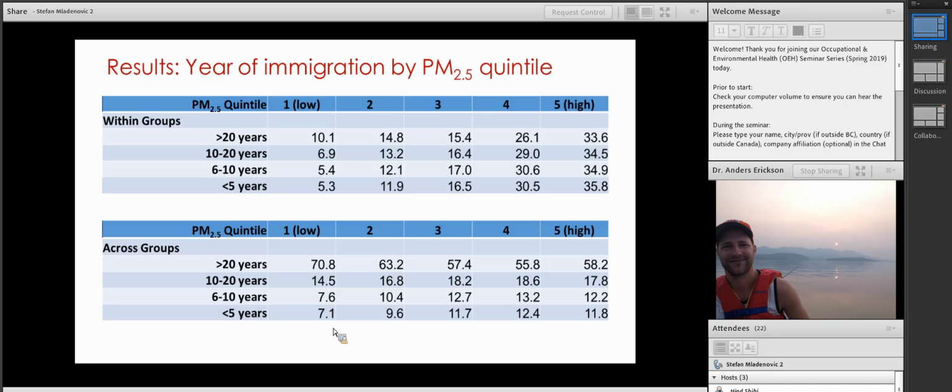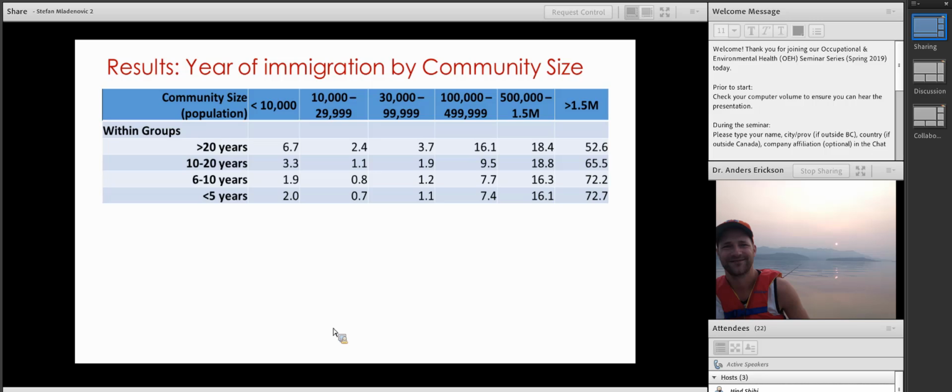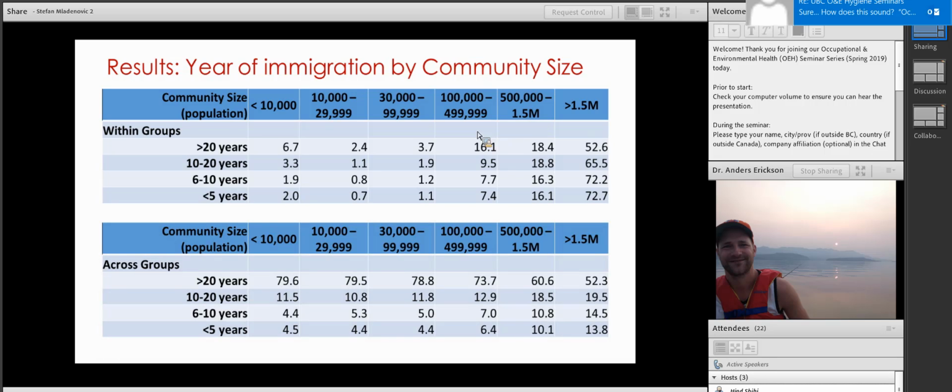And so what this indicates is, probably the next slide will do that a little bit better, that those more established immigrants will tend to be moving out of the cities and into smaller communities. And so you see that with these next tables, especially here. You have these more established groups of immigrants living within the smaller cities.